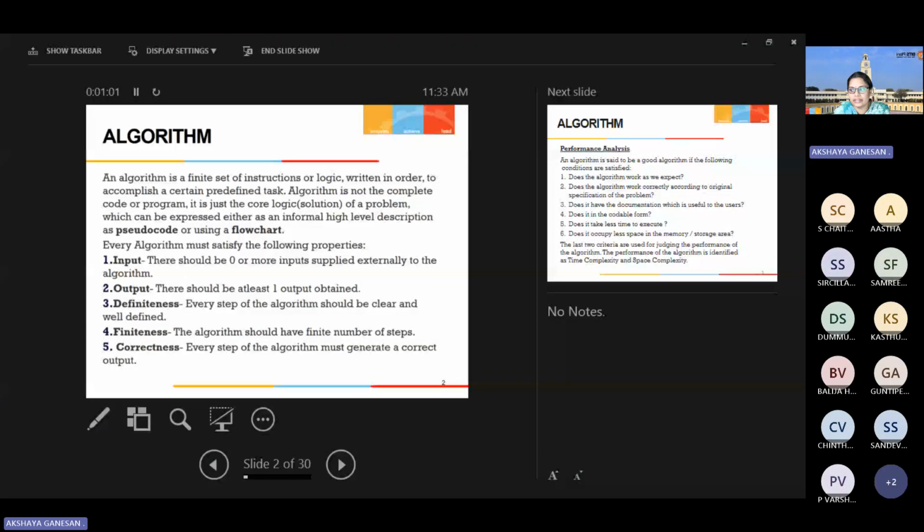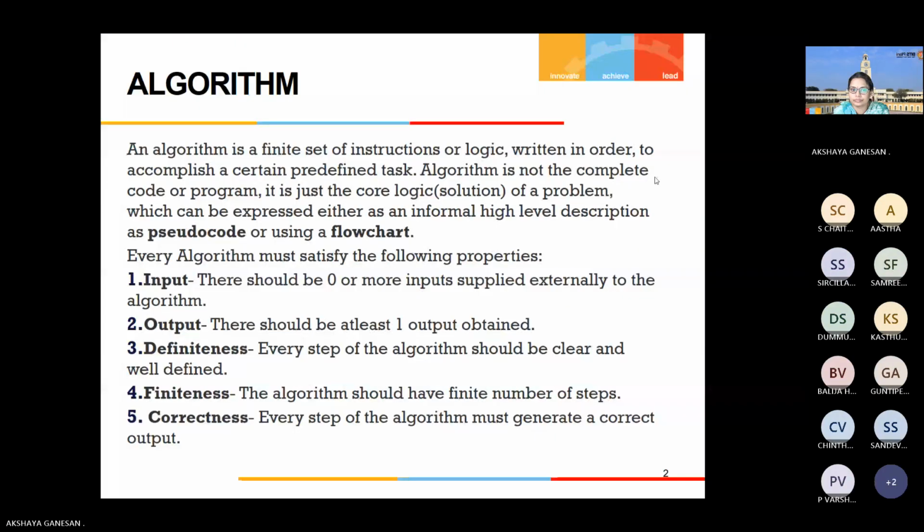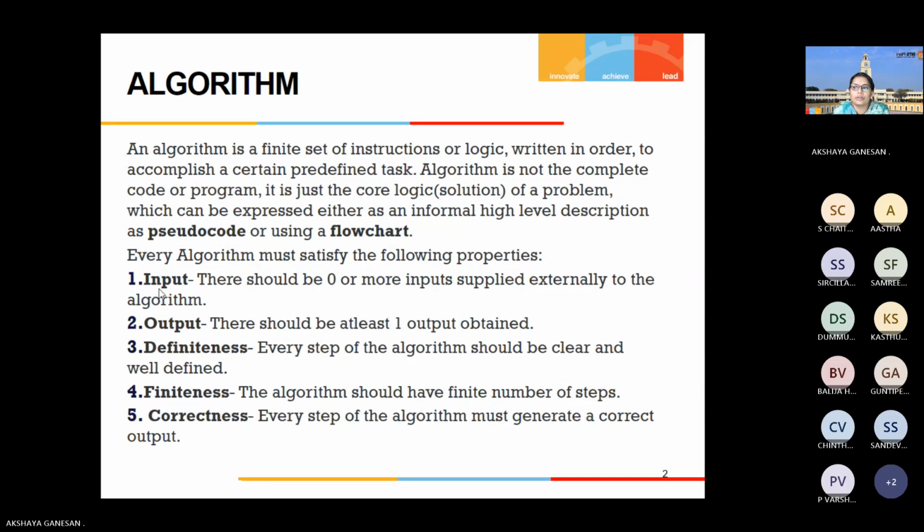We looked at this in the previous session also, right? I think I'm sharing the wrong slide. So an algorithm, as I mentioned, is a sequence of step-by-step instructions with which the system will perform the activities.